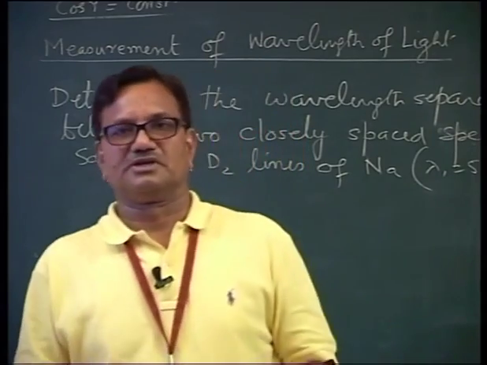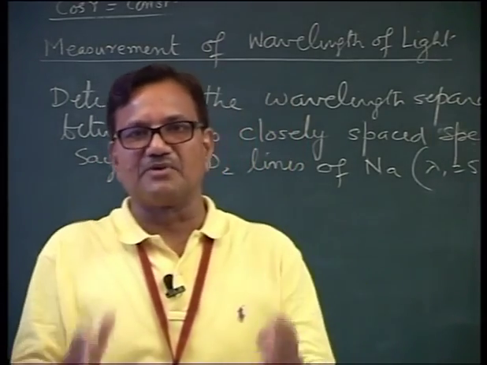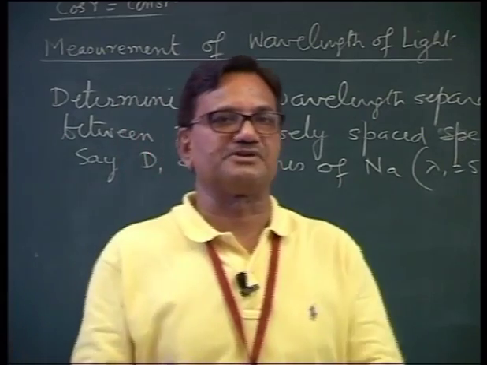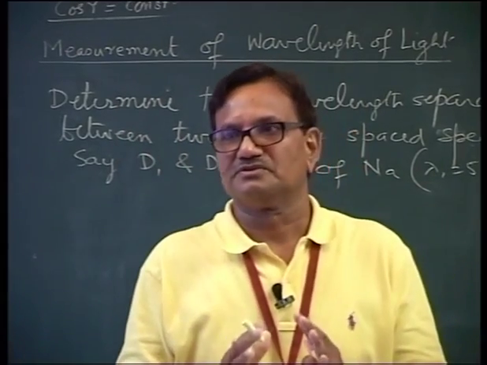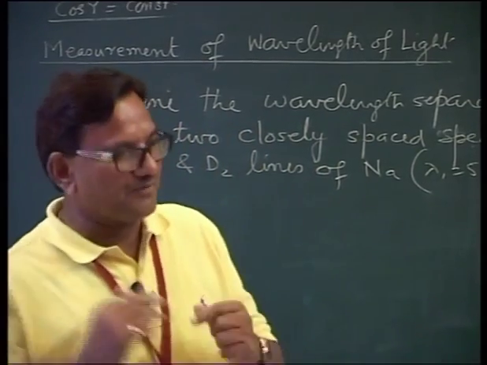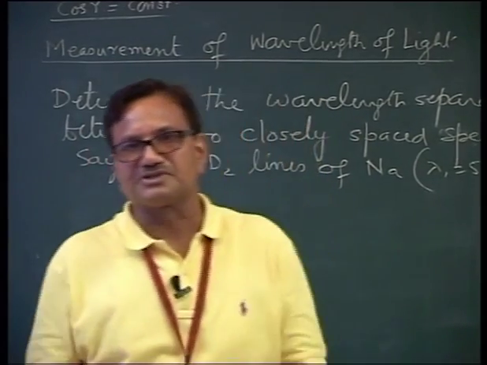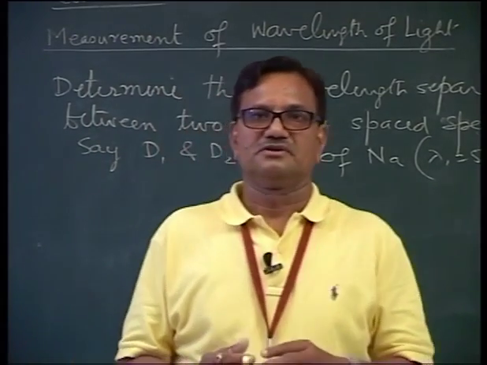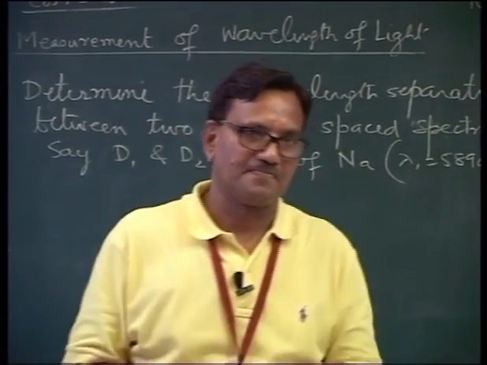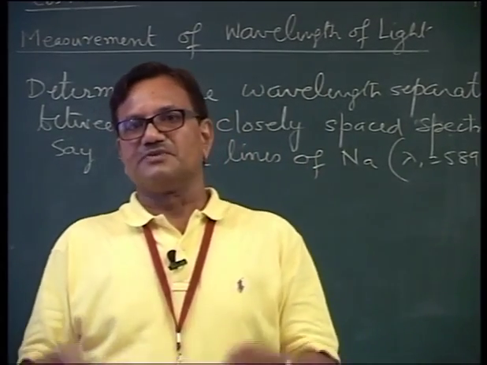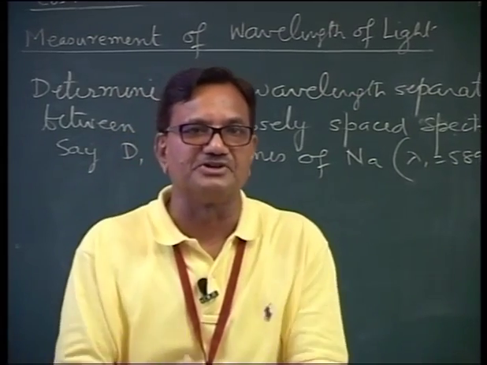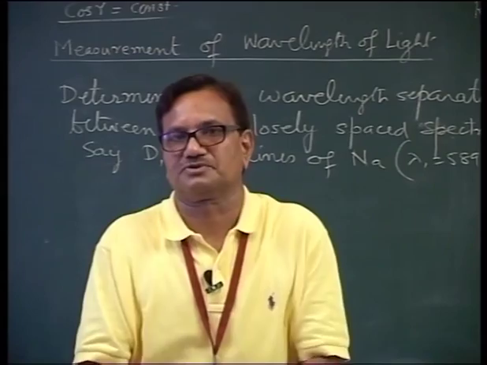Therefore, the two wavelengths, say lambda 1 and lambda 2, shall form interference patterns separately. They will form interference patterns independently. However, because the wavelength difference is quite small, the pattern will look almost the same. Then, since we are observing through a telescope, these two interference patterns will get superimposed.